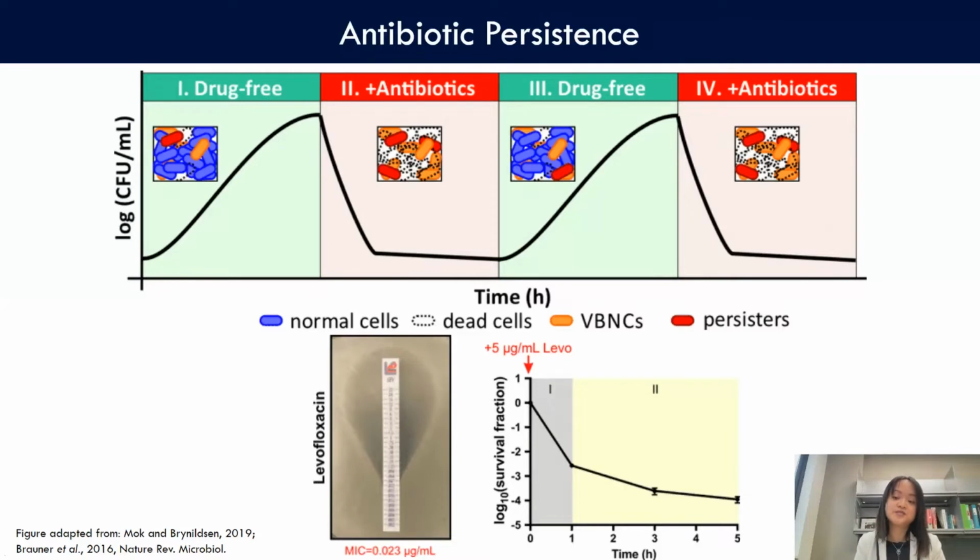So even though the persister phenotype is not heritable, persistence has been thought to underlie relapsing infections. And as you will see in a few slides, our group and others have shown that persistence can accelerate the development of antibiotic resistance. And that is why my group and many others are interested in understanding how persisters can overcome the effects of our existing antibiotics.